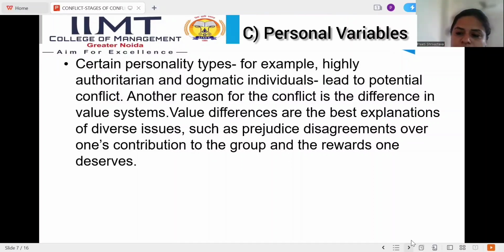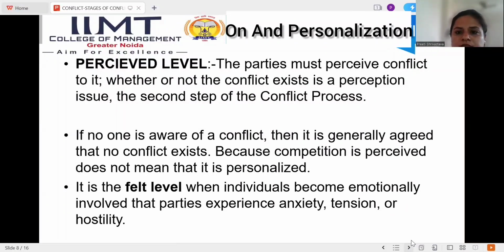Now, let's move to the second stage of conflict, that is the perceived level of conflict. The parties must perceive the conflict. Whether or not the conflict exists is a perception issue. That is the second step of conflict process. Conflict will not arise unless one of the parties perceives the conflict.